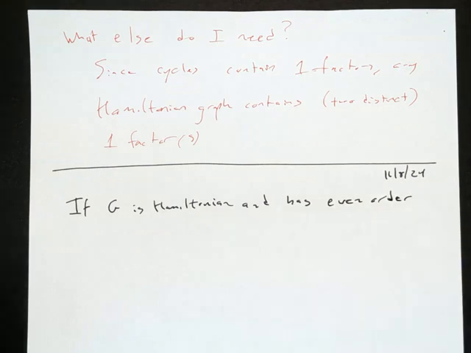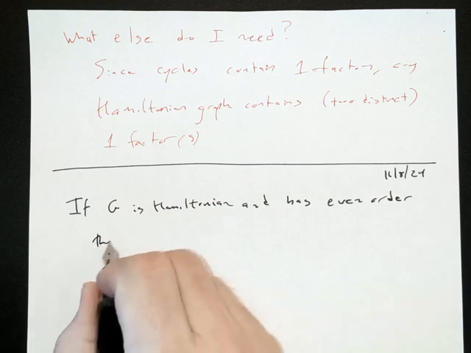So let's suppose we have a Hamiltonian graph which has even order. Then I can think about whether or not I'll have a one factor, because if it has odd order, we're screwed. Pick a non-empty subset of vertices.